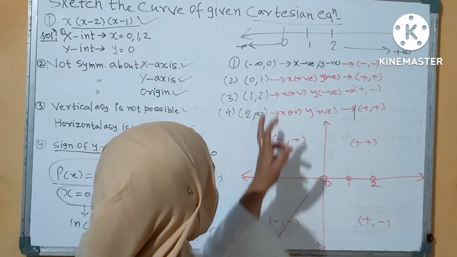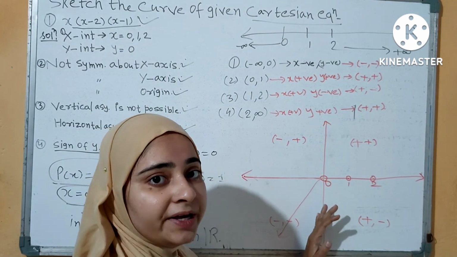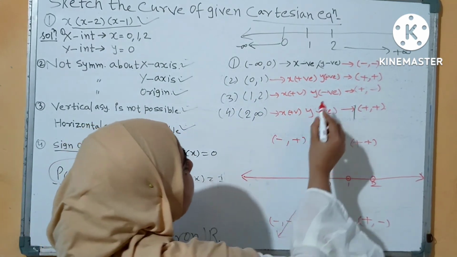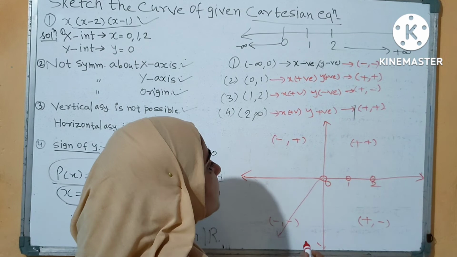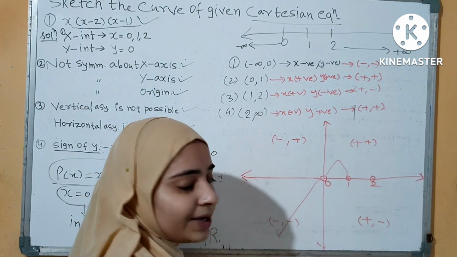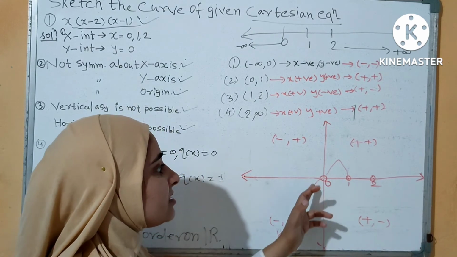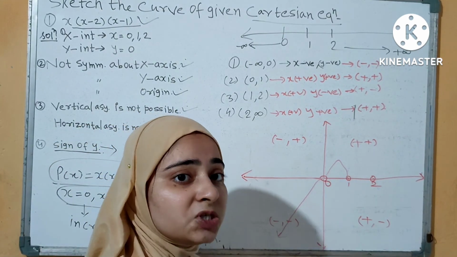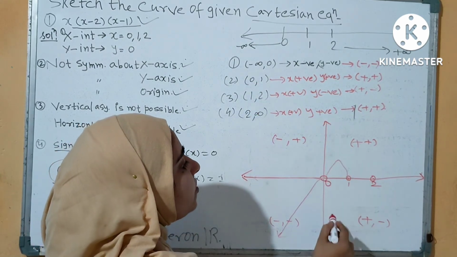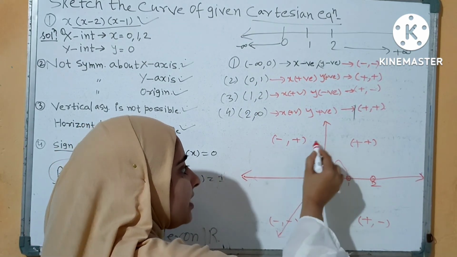Okay. Now come to the second one. Till here it is clear, so we move ahead. In 0 to 1 we are left with positive. So here your graph will go in this way. Why this way? You just put 1 or 2 points in the open interval 0 and 1. You will get your graph in this way.